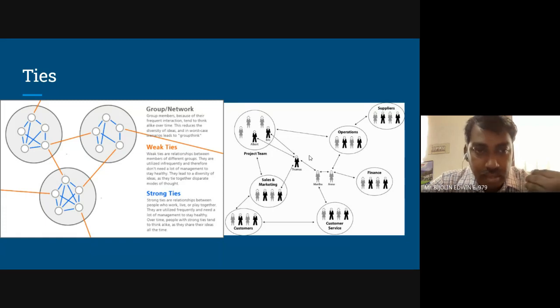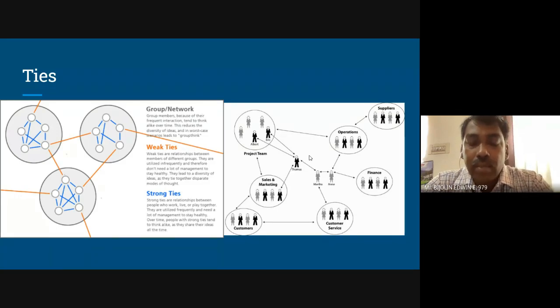Strong ties means we mandatorily want to work with them, we need to live with them, play together, or discuss with them. That is strong ties, because they are placed in good positions, so if we have good contacts with them, only then will our things be done.